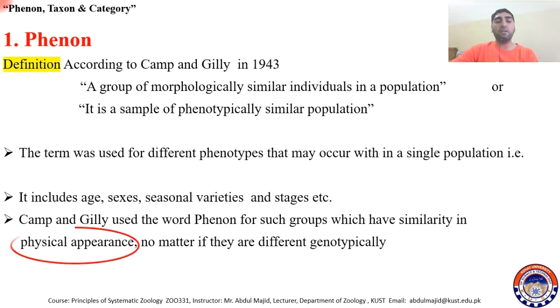So according to Kemp and Gilly, if the physical appearance of some organisms is similar, that is one phenon. It doesn't matter whether they are genetically different or similar, if they are physically similar, this is phenon.